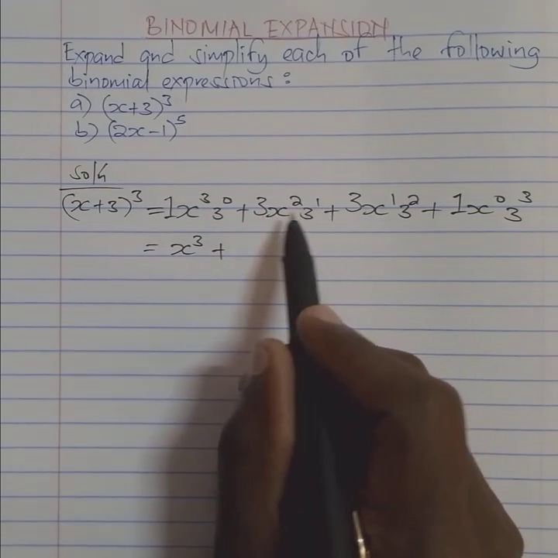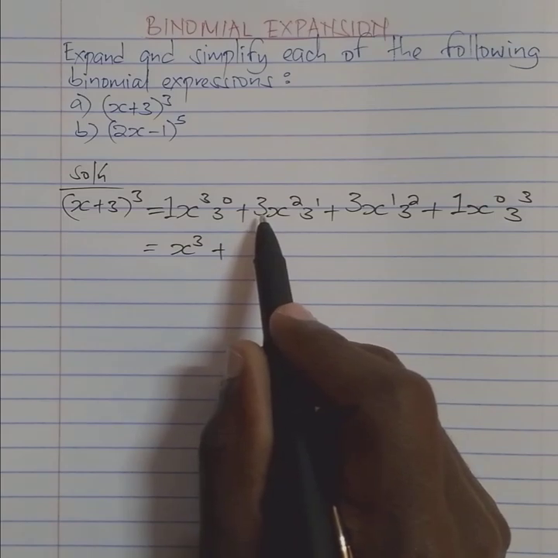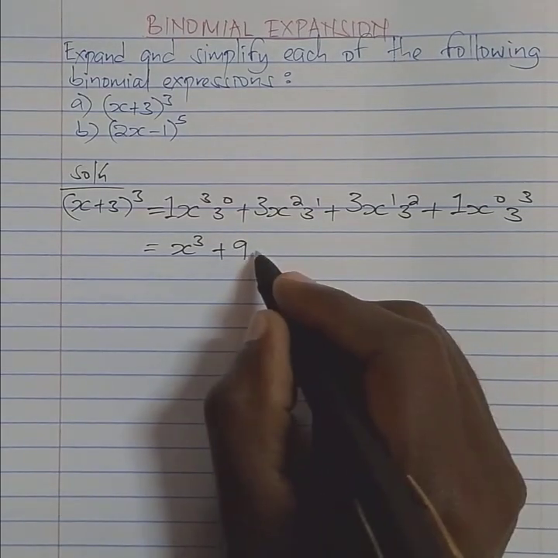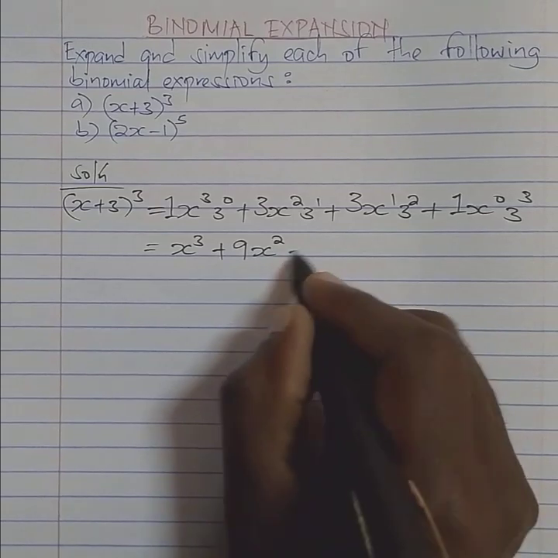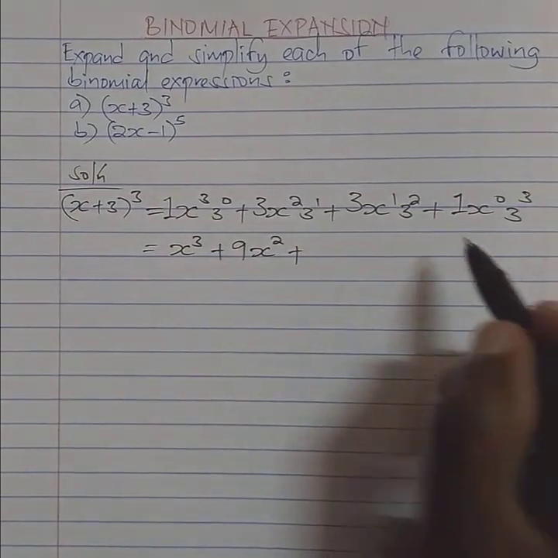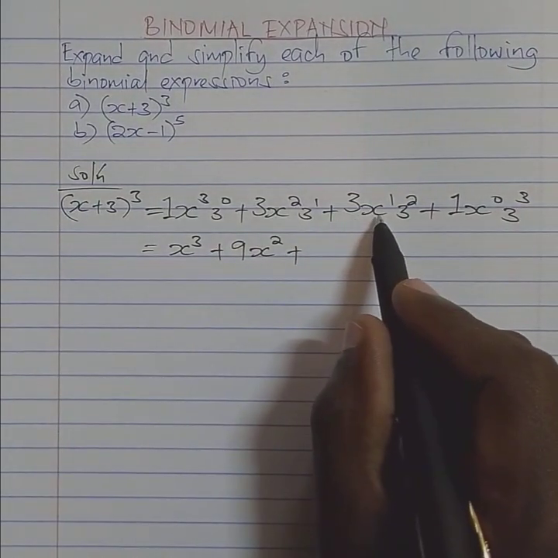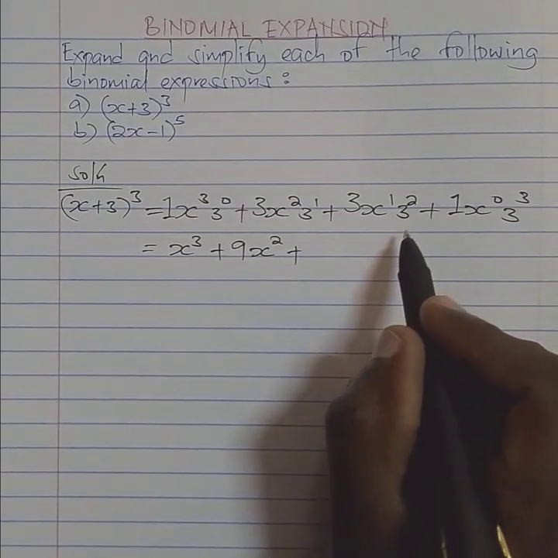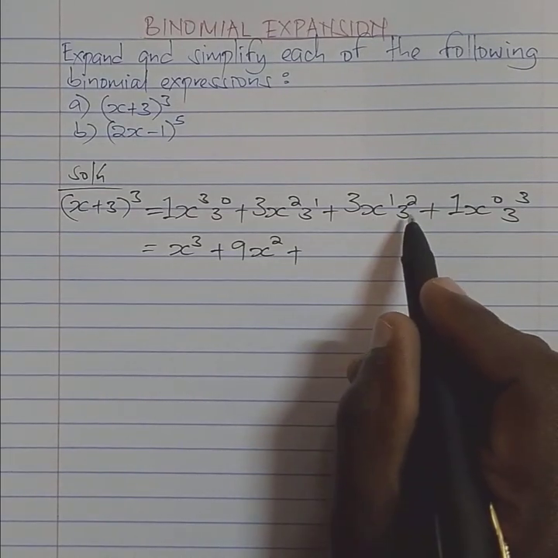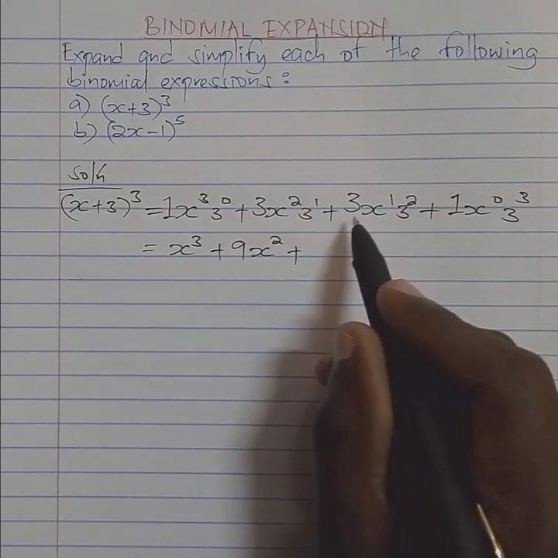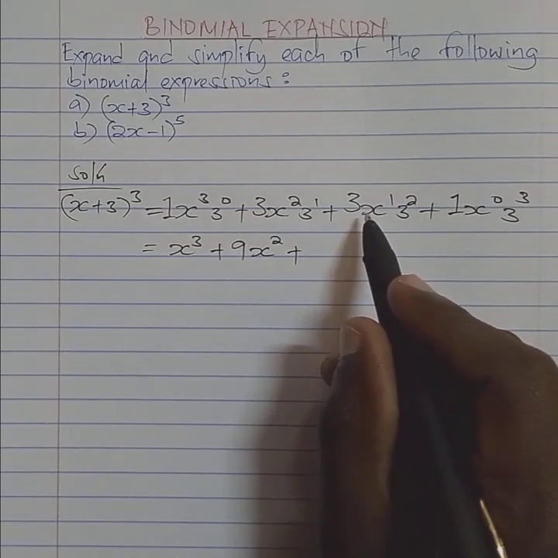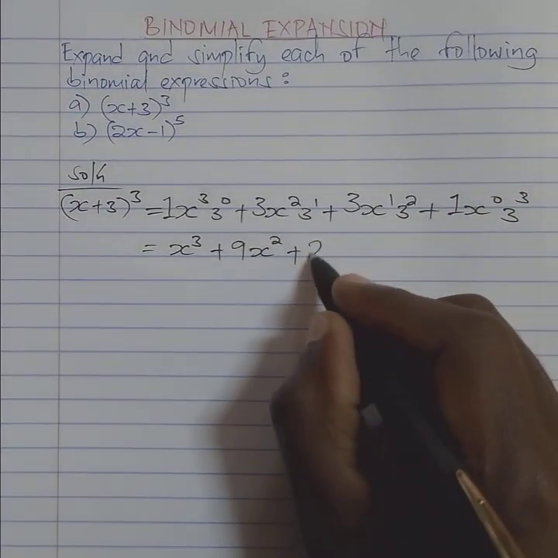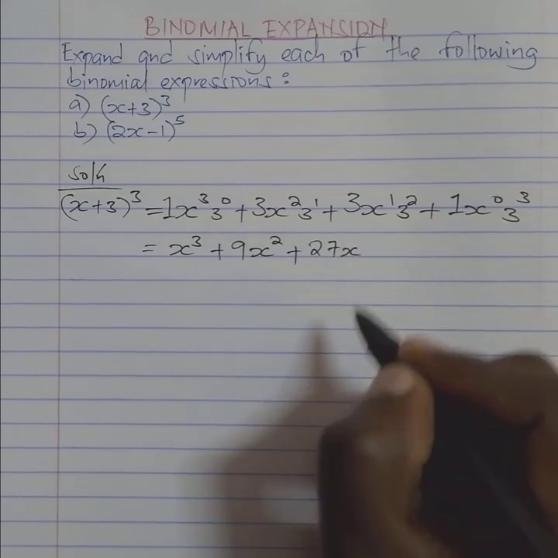This is 3 multiplied by 3, which gives us 9, so we'll have 9x squared. Plus, we have 3 multiplied by x to the power 1, which is x, multiplied by 3 squared, which is 9. So 9 multiplied by 3 is 27. This will be 27x.